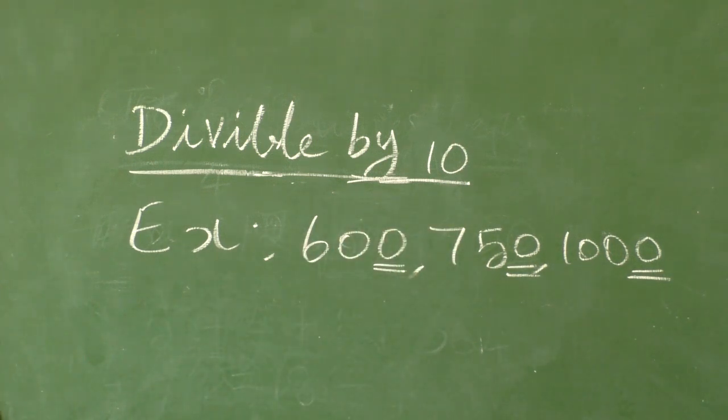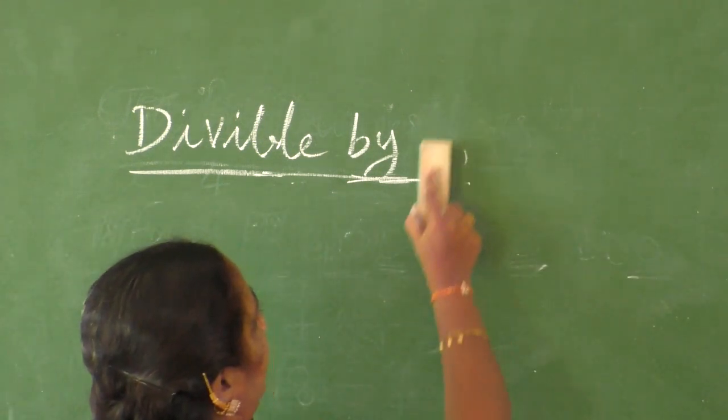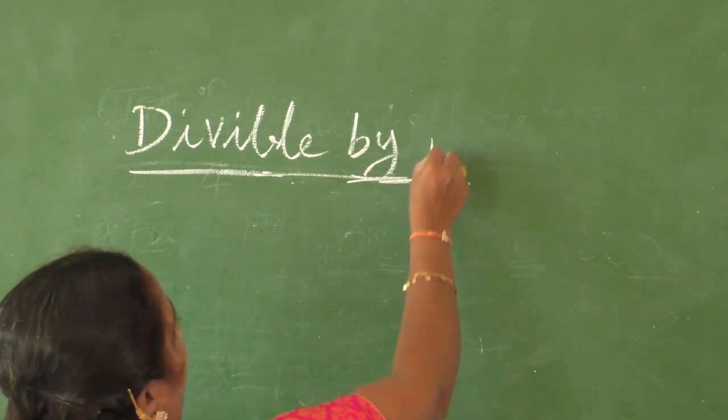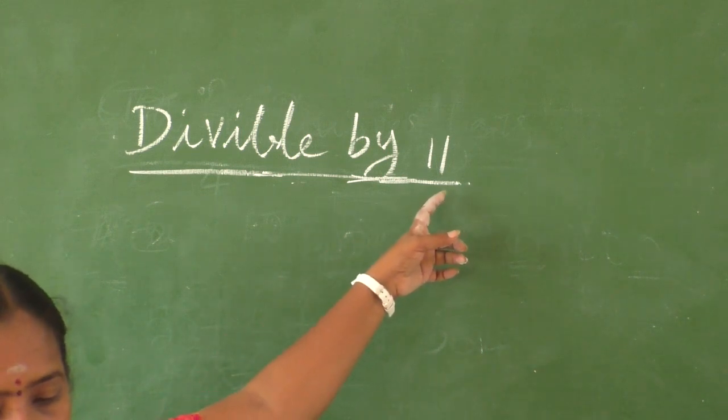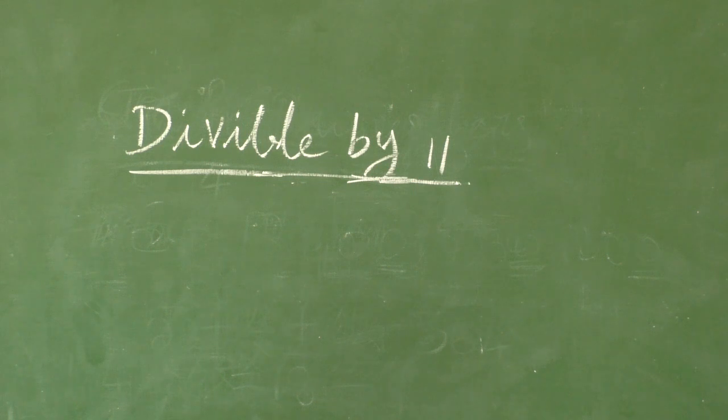Okay? Then the divisibility rule by 11. What is the rule? A number is divisible by 11 if the difference between the sum of the digits in the odd places and the sum of the digits in the even places is equal to 0 or divisible by 11.